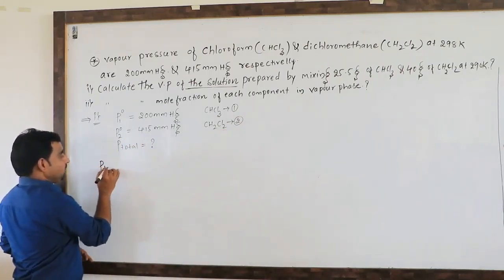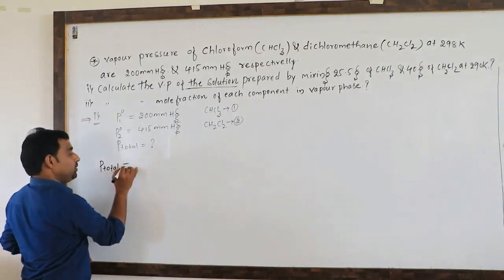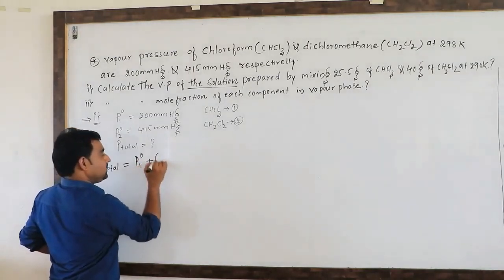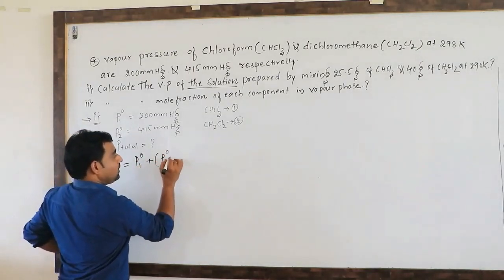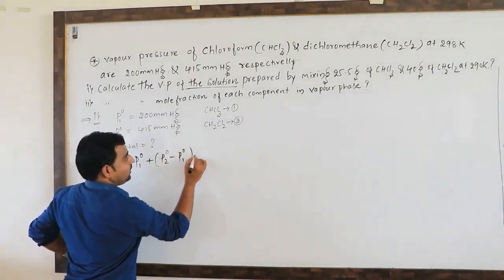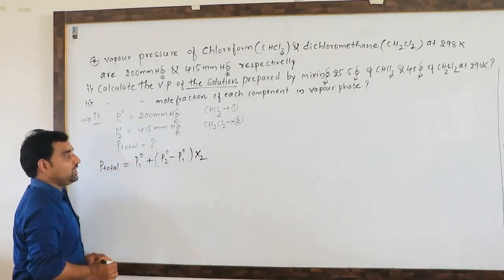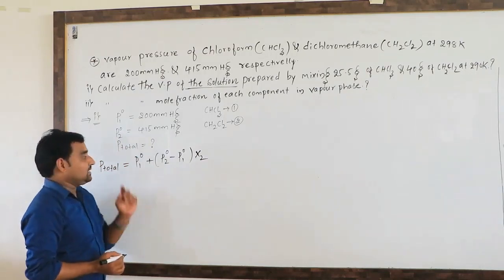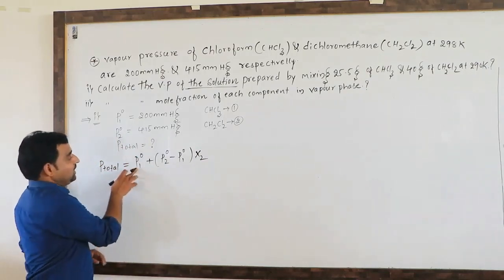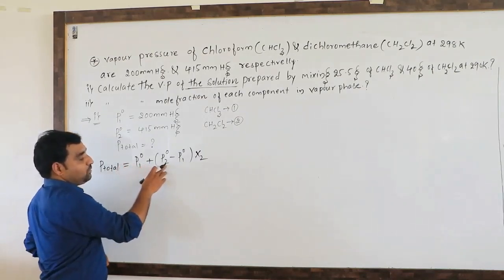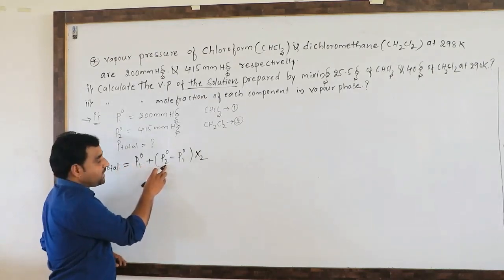P total is equal to P1 naught plus (P2 naught minus P1 naught) into X2. This is the formula we already discussed in the last class. P1 naught is the pure vapor pressure of the first component, and P2 naught is the pure vapor pressure of the second component.